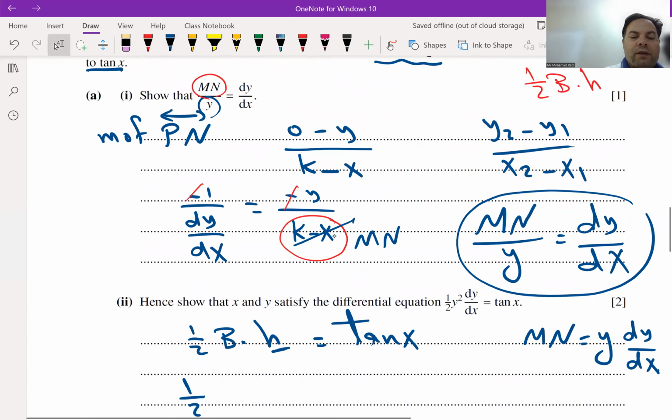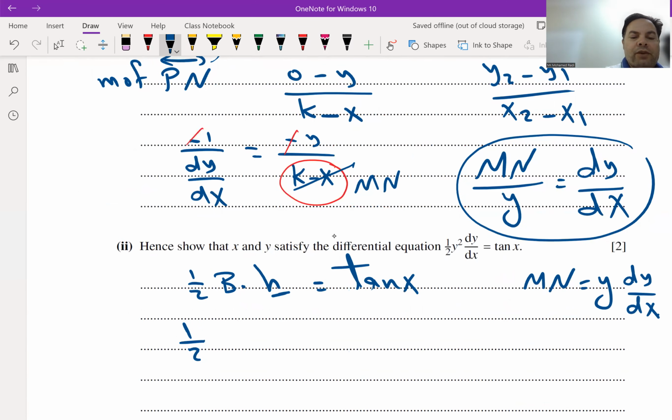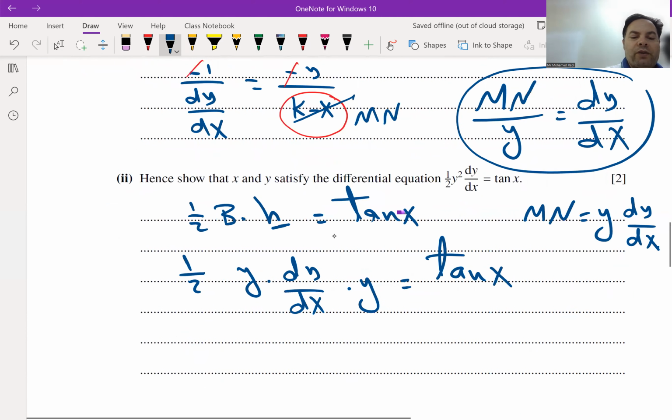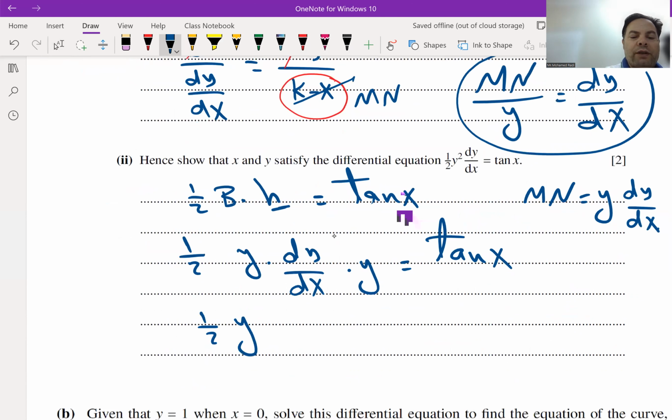So write half base, which is y times dy by dx, into height, which is y, is equal to 10 tan x. Simplify, y into y will be y squared, so y squared dy by dx is equal to 10 tan x. This is the differential equation which the question asked to show in part 2.